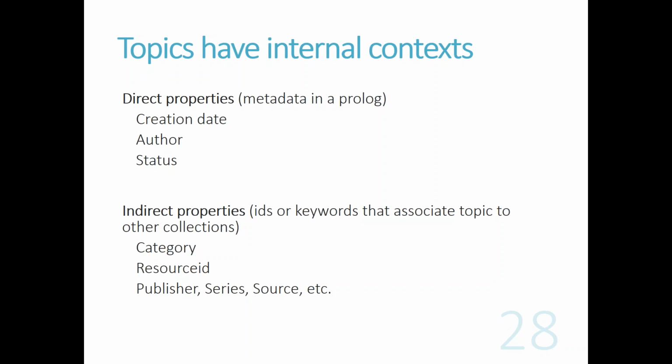But there are also indirect properties associated with the content, and that would be things like the IDs or the keywords that associate that topic to other collections. That would be the category, the resource ID, the publisher, series, and source. And I misstated something. Both of these lists are part of the internal prologue. It's just that some of the properties are direct properties and others are indirect because they allow that topic to be associated with a group of like topics.